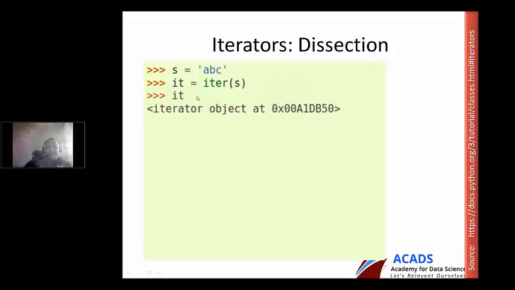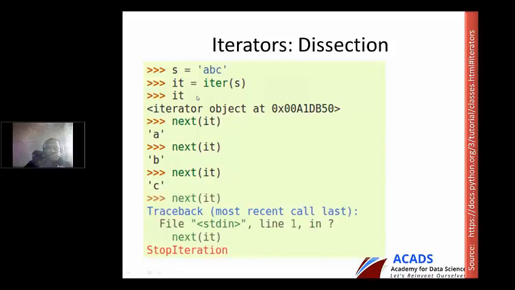So next of it gives me the first character, which is a, then b, then c, and now I am done. So I have seen all the elements in string s. Now if I call next, I get an exception.